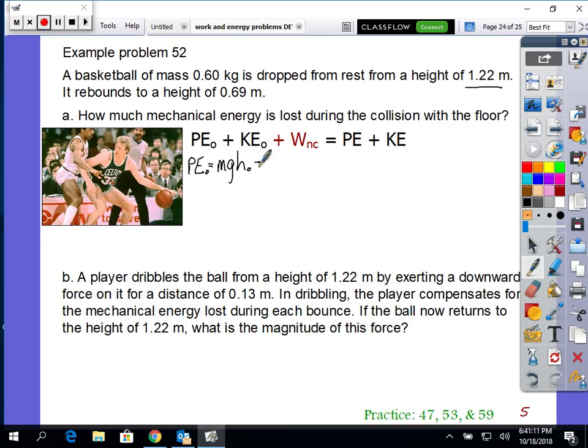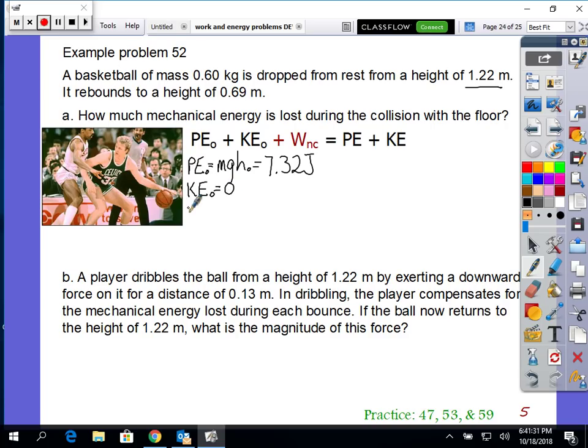And if I plug everything in, I get 7.32 joules. The kinetic energy at the peak is 0 because it's dropped from that point.